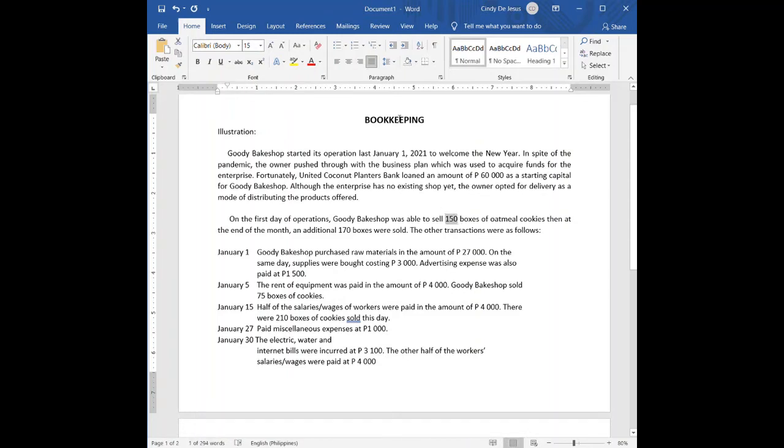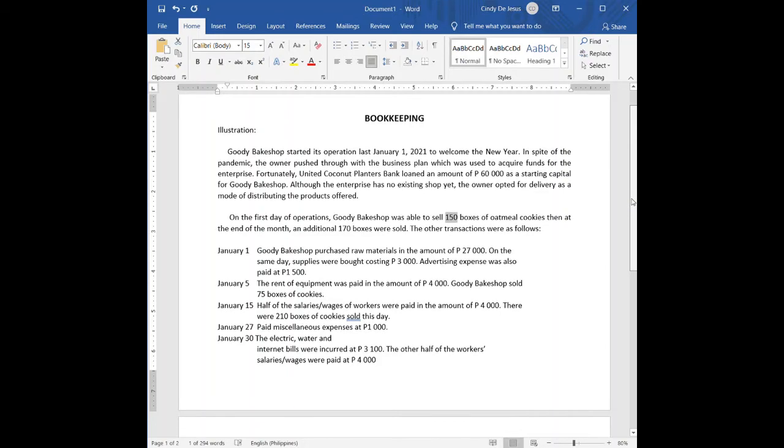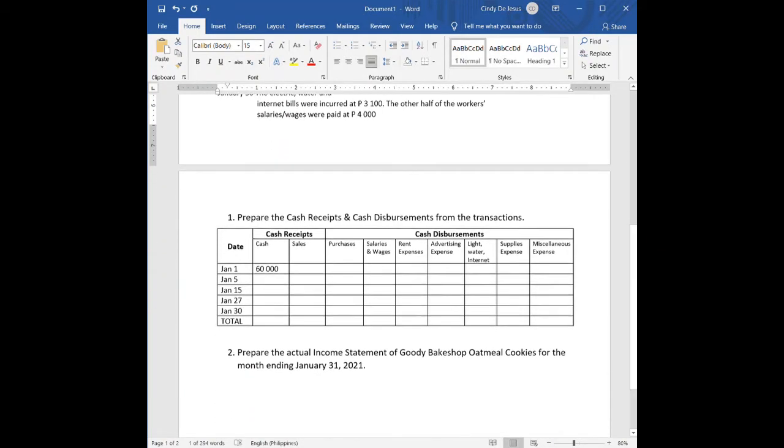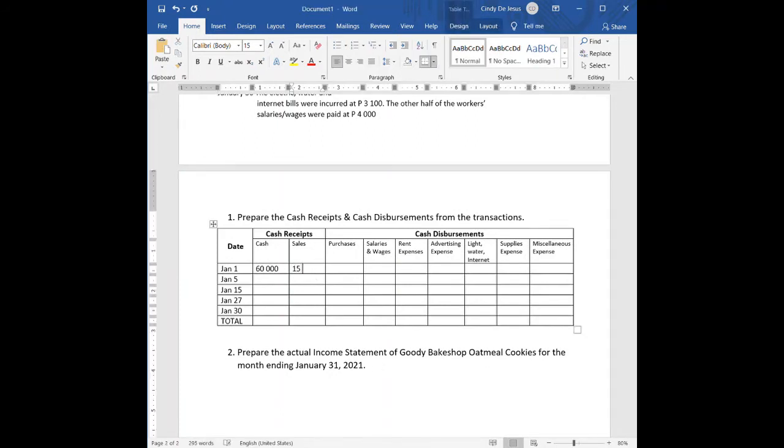Just for the sake of the example, since it's in your activity sheets, let's say 100 pesos is the price per box. So 100 times 150 is 15,000. So that is his sales, because he sold it on the very first day. So it's 15,000.